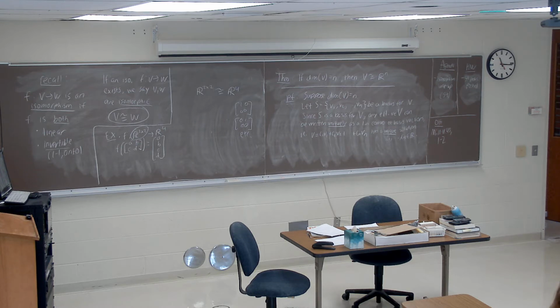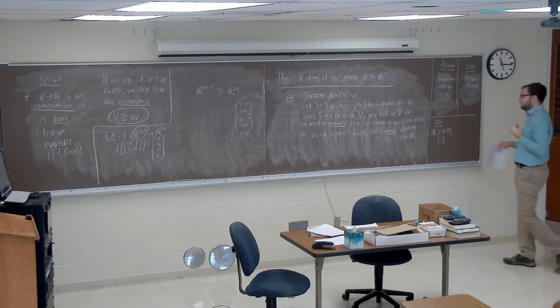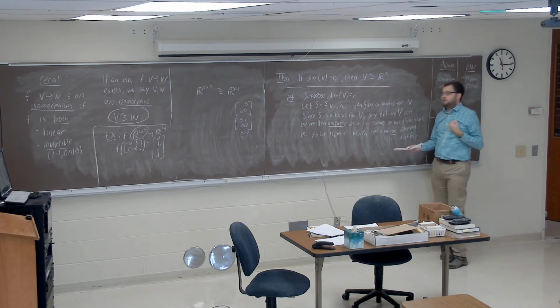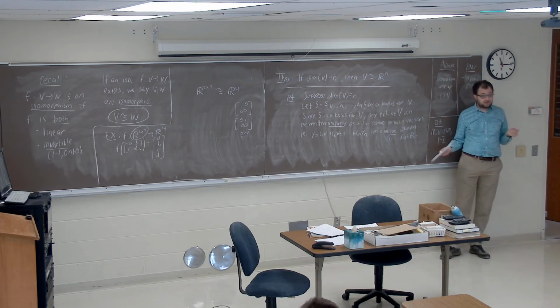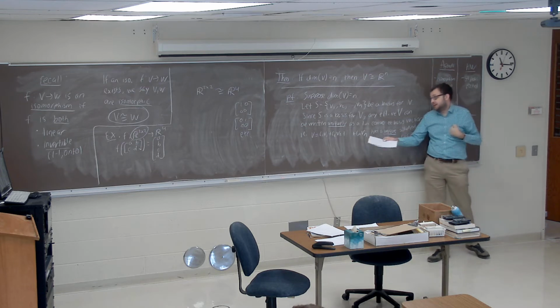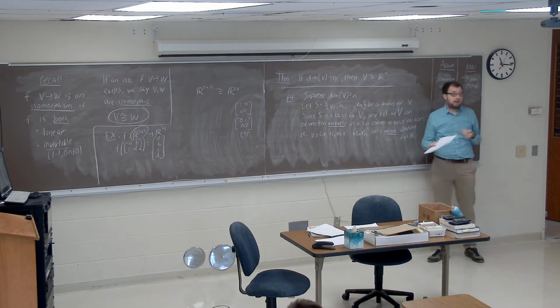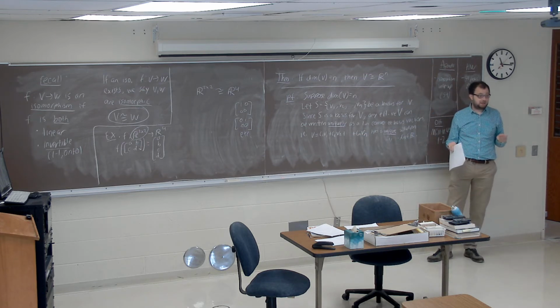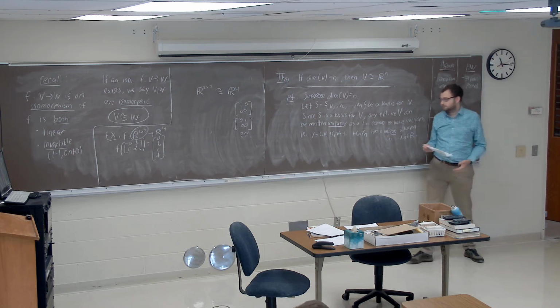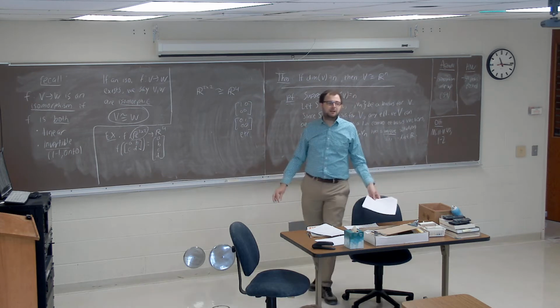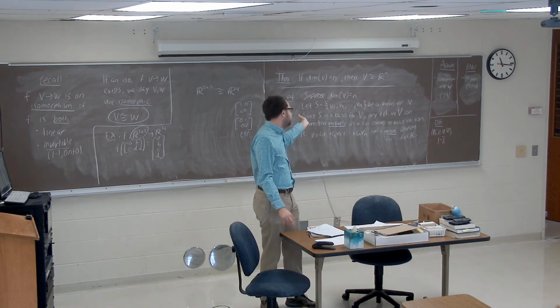That comes from the property we proved several weeks ago: if you have a basis for your vector space, every element in your vector space can be uniquely written as a linear combination of basis elements. There's only one set of scalars that'll get the job done. Technically, Dr. Gerstle, didn't we prove this just for Rn?